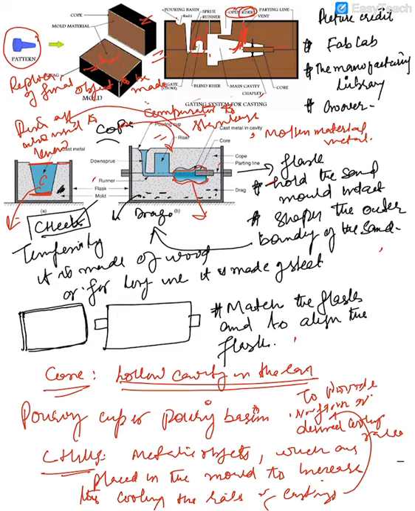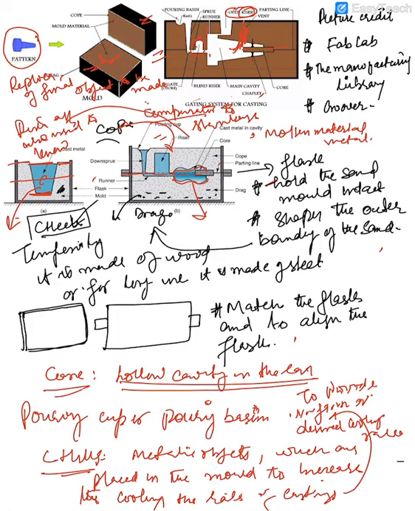In an open mold, we can see that it's a single-sided mold. There is no parting line, and it cannot be divided into two parts. In a closed mold, it is a double-sided mold, that is, it has one part on the upper side, the cope side, and one part on the drag side, the lower part.